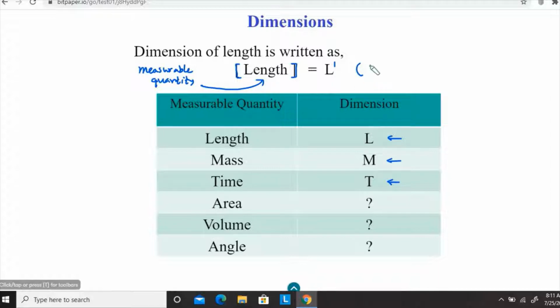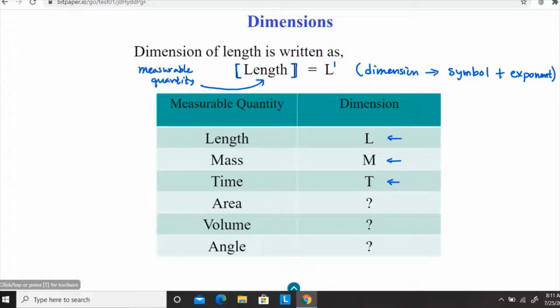So the dimension of a measurable quantity includes the symbol plus the exponent. It's not only the symbol, but always look for the exponent as well.